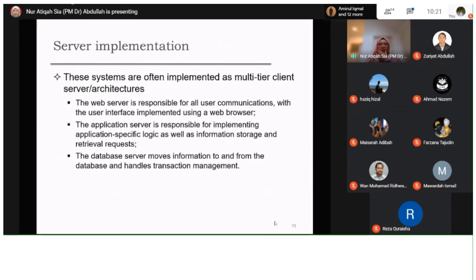Bermaksud kita boleh gunakan client server juga untuk information system. Information system tu dia ada application architecture dia, but kita boleh gunakan layered, guna pakai web client server juga, tak ada masalah. Pattern tu kita boleh guna mana-mana.